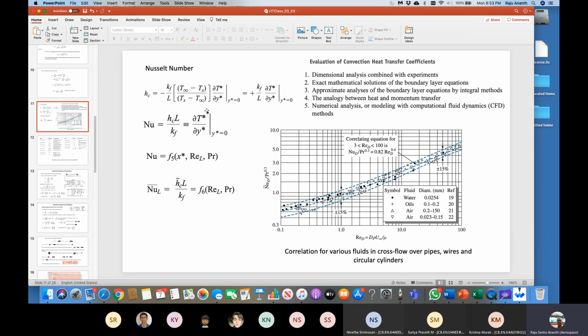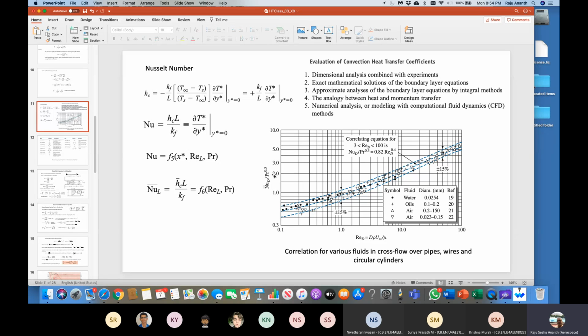So if I conduct an experiment based on the Reynolds number, on any tube or anything like that, here they're all very small diameter tubes in water, oil, air, and so on. It's very low flow. I am going to plot the Nusselt number based on D. We found that this one becomes a Prandtl number.